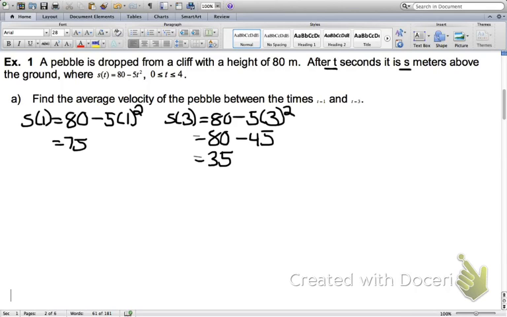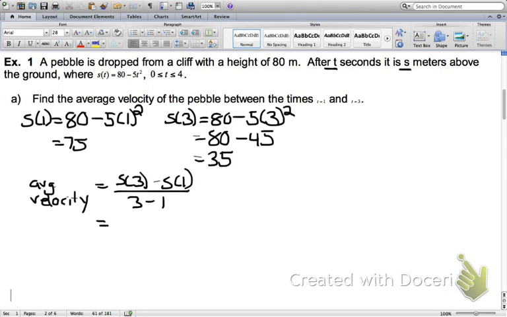Recall from before that our average velocity is equal to our change of position over our change of time. So our average velocity is going to be equal to our s at 3 minus our s at 1 over 3 minus 1.